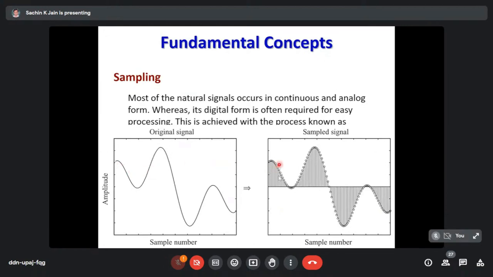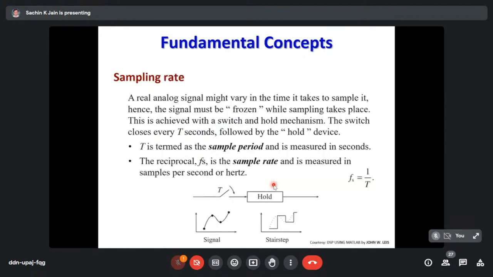So it is defined only for discrete instances where you have sampled the signal, right? Now, what is sampling rate? The rate or the frequency or the time interval after which we sample the signal, we pick the value of that signal, that is known as sampling rate.